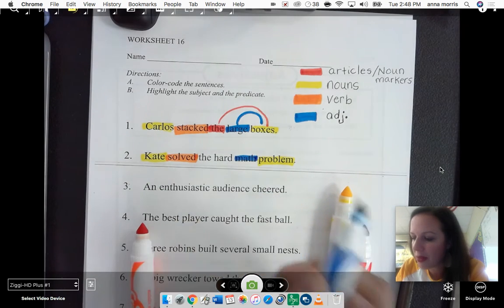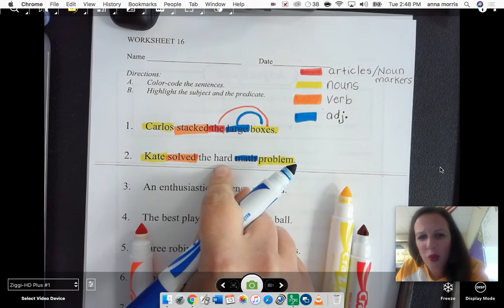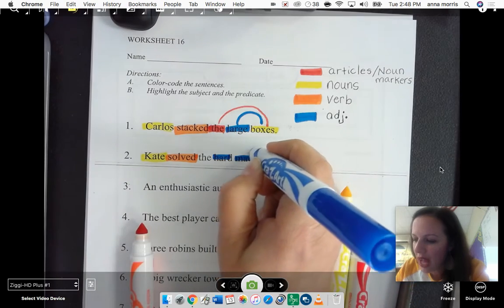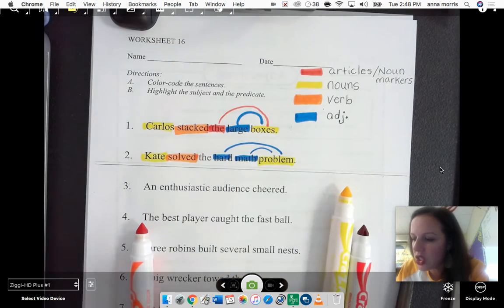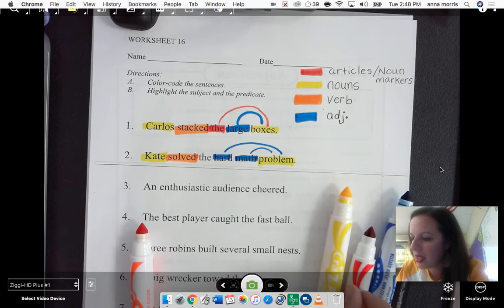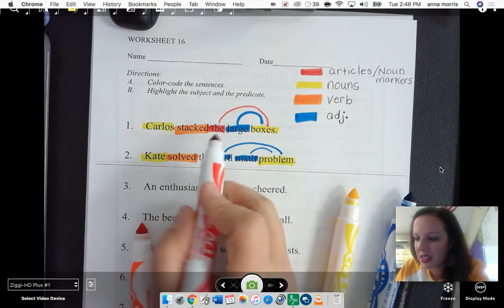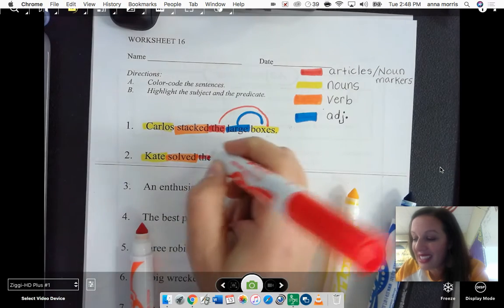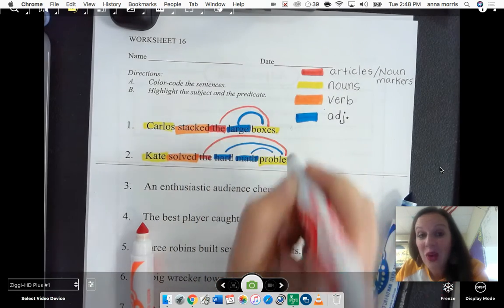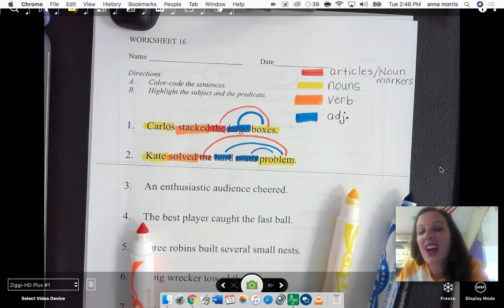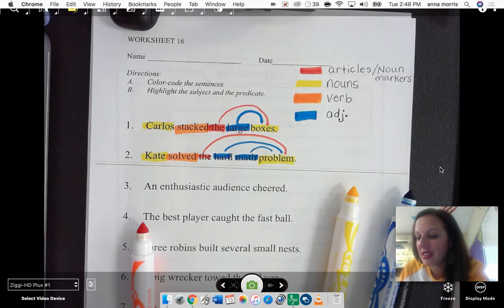That's right, it's a math problem. What kind of problem? That's right, it's a hard problem. Two adjectives were used to describe the problem. And here I see my article, the. The lets me know that a noun is coming, the problem. Articles can also kind of tell you how many. For example, the hard math problem kind of lets me know that it's just one.